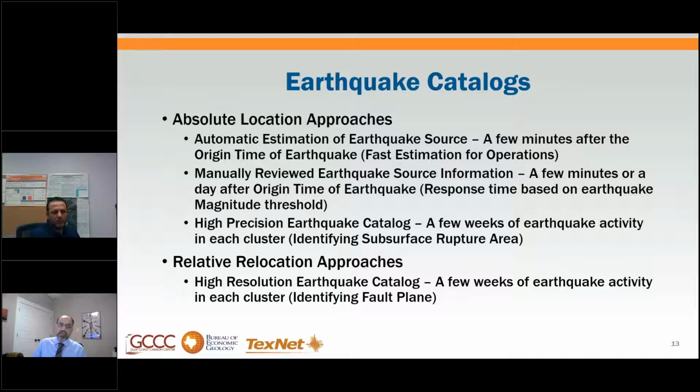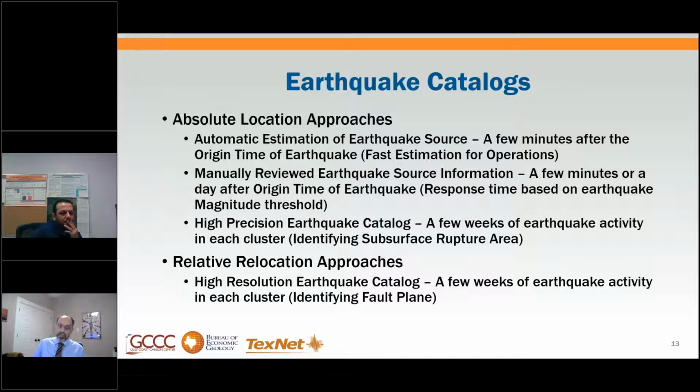The big difference between those two is that the absolute location algorithm is driven by the goal to identify the best possible, accurate location of the earthquake source information.